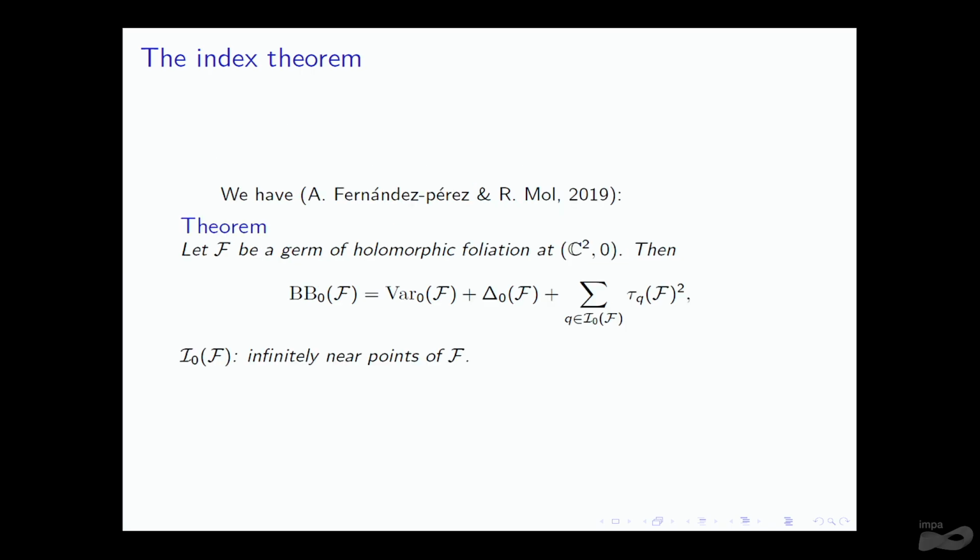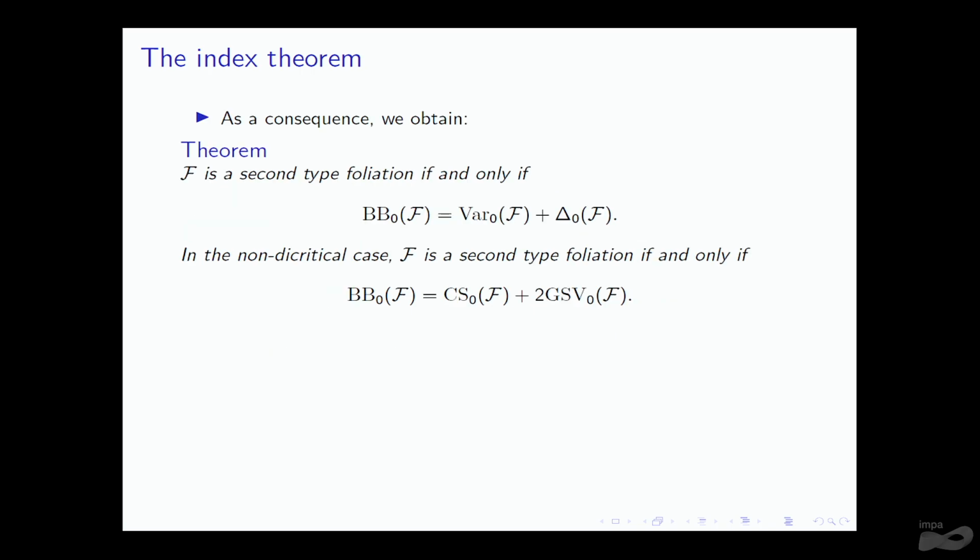This number is 0 if and only if F is a second type foliation. So I have a characterization of second type foliations in terms of indices, which I proposed in the beginning of my talk. F is a second type foliation if and only if the Baum-Bott equals the total variation plus the total delta.